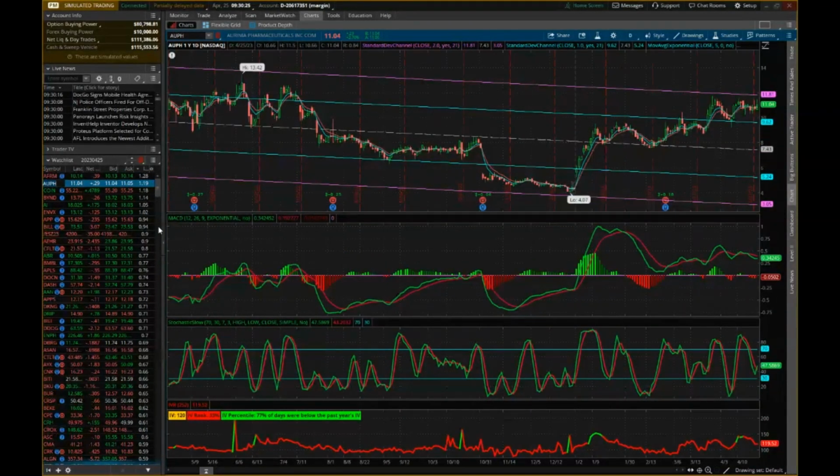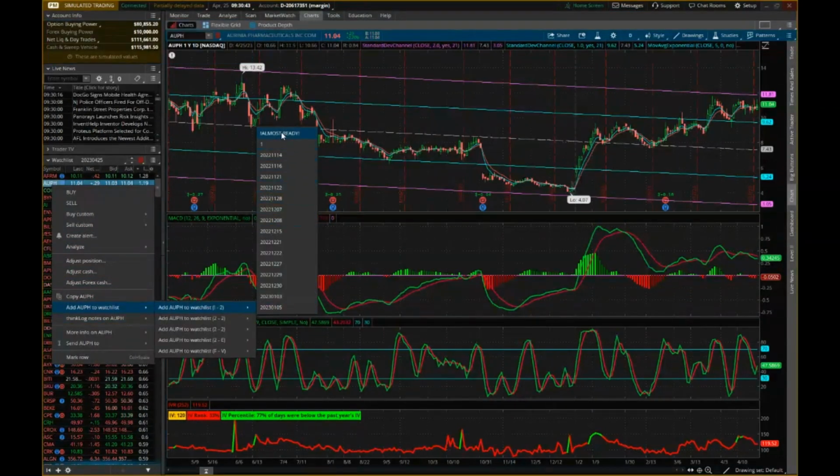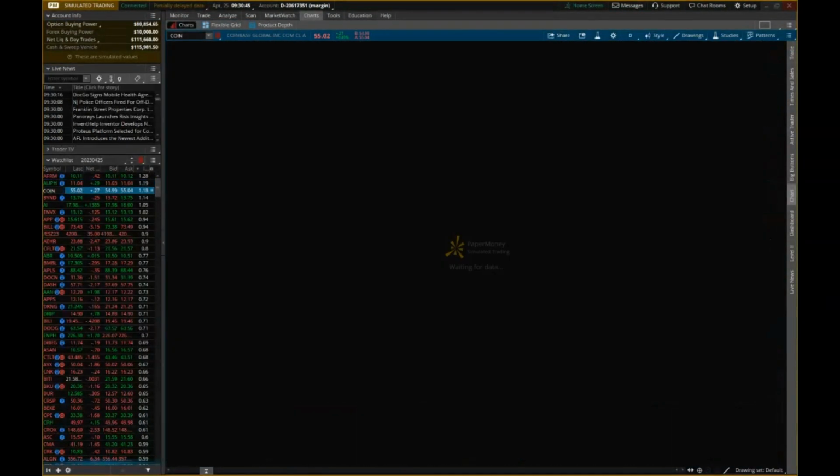Okay, AUPH. Looks like I might need a day or two because of where the stochastic is. So let's add that one to almost ready.